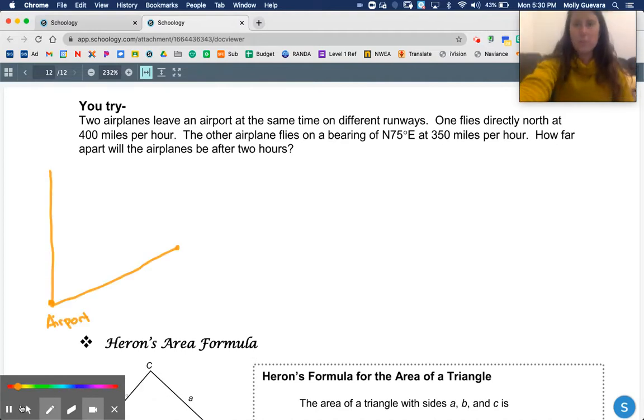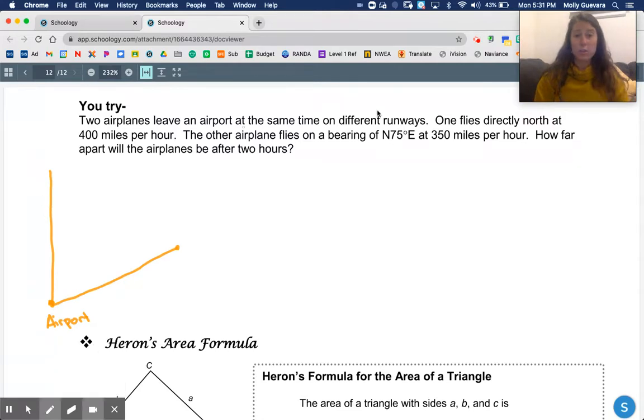Okay, so let's go through this again. I have 2 airplanes that left the airport, right? One goes straight north at 400 miles per hour. The other one flies at a bearing of north 75 degrees east. So that tells me this is 75, at 350 miles per hour. And how far apart will they be after 2 hours?